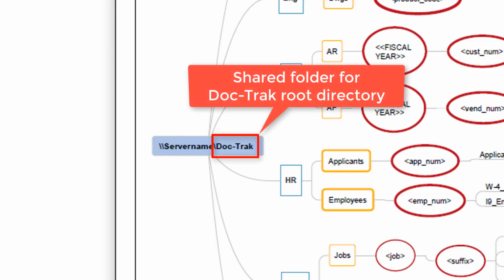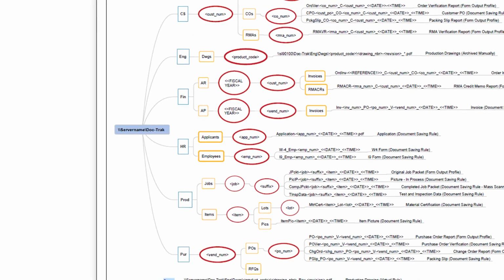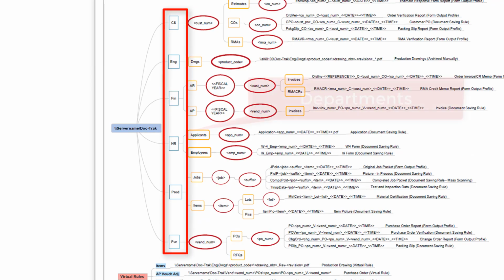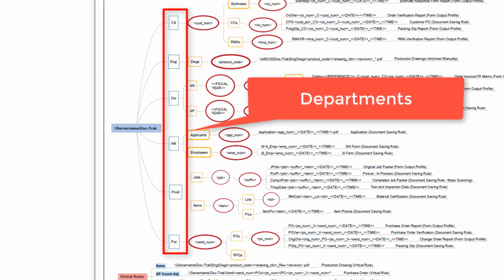Next is the shared folder on that server that has been reserved as the root directory of our DocTrack archive. Everything from this point on, including all the subfolders and files, will be your DocTrack electronic filing cabinet. Going down the hierarchy, each of the folders in the next level represents a different department.